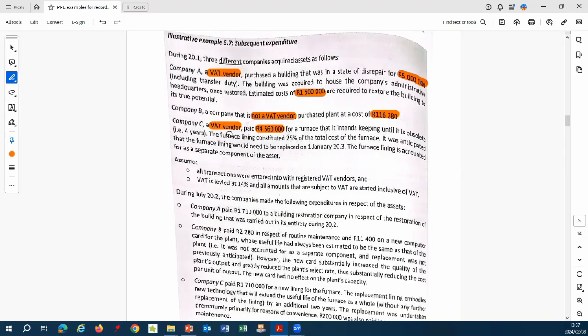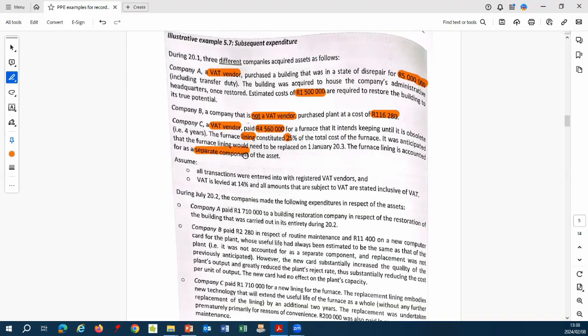And within that furnace, there's a lining, which is 25% of the total cost. It's anticipated that that furnace would need to be replaced on the 1st of January 20.3, and it is accounted for as a separate component.